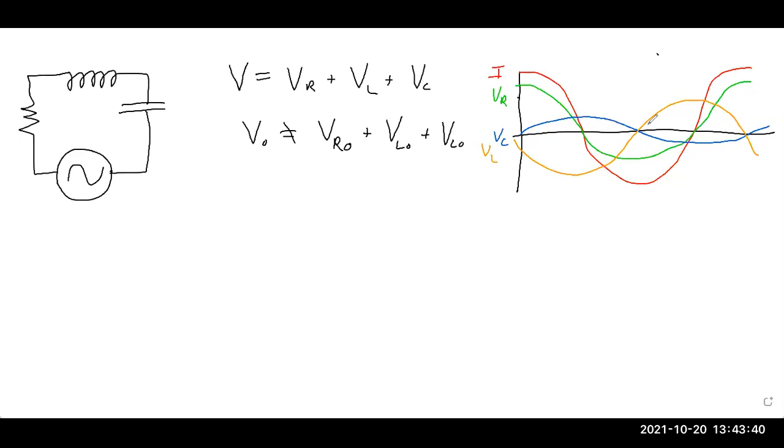And all of these are happening. So the voltage across the source needs to be the sum of the voltage across the three elements there. So if we just add those three graphs together, we're going to end up with something like that.